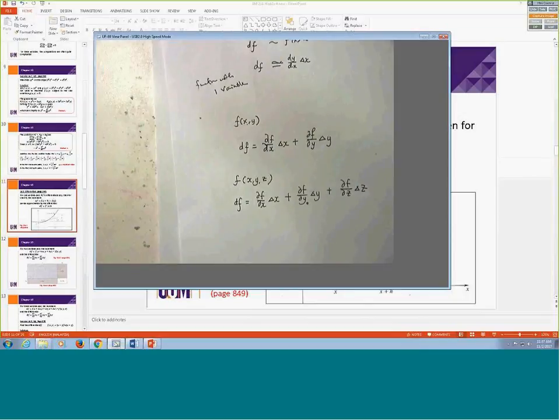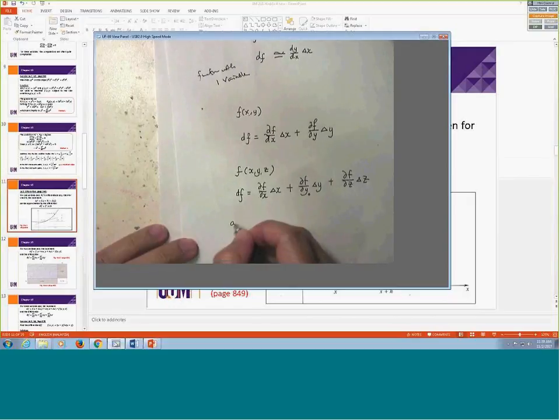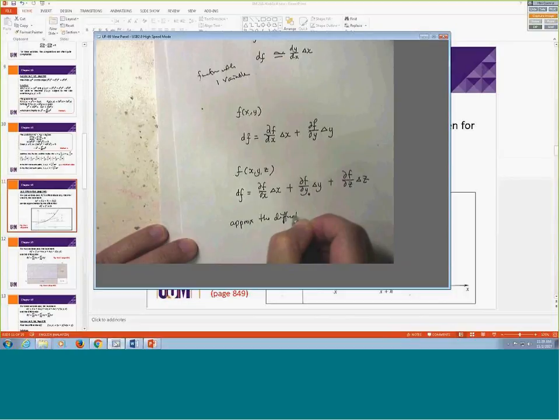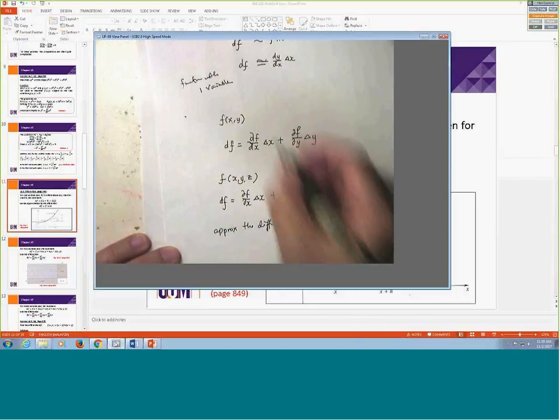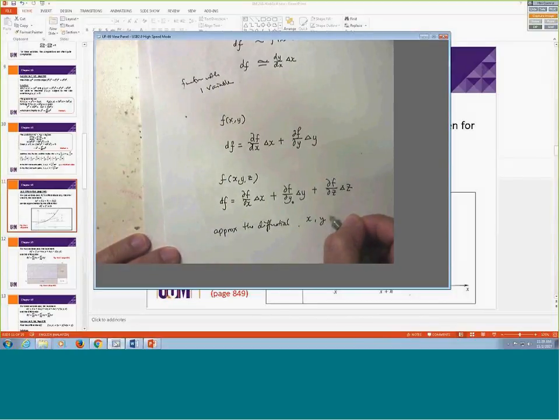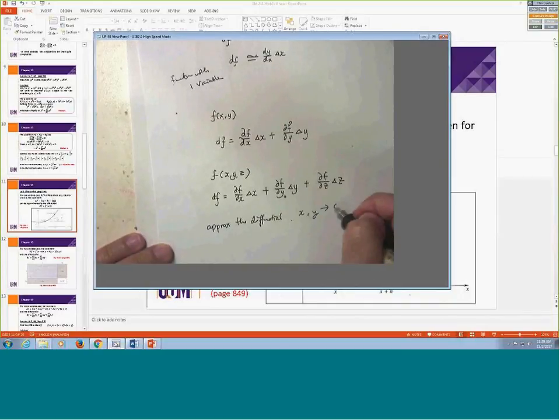So what does it mean? It means you can approximate the change in the function when x or y changes, and this change should be a small change.